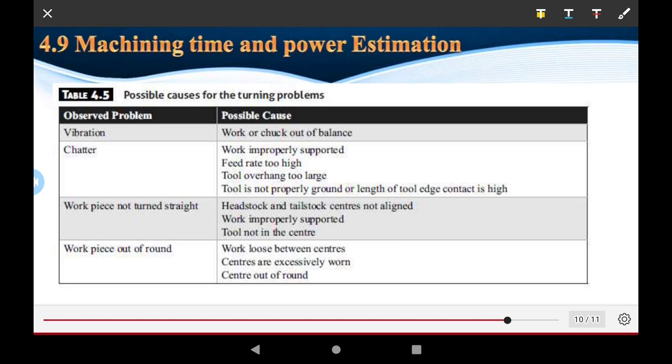Okay, and check the tools, and also test the machines, and the inventory properly looked at. Okay, if the workpiece is out of round, work loses between the centers, and the center access is also used in this operation. This is not performing the job.